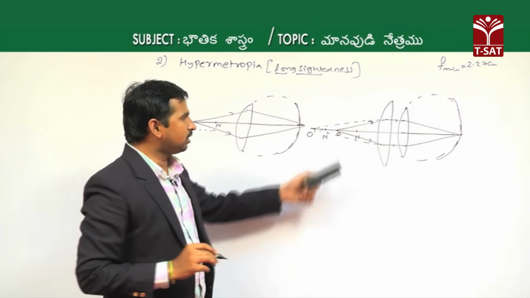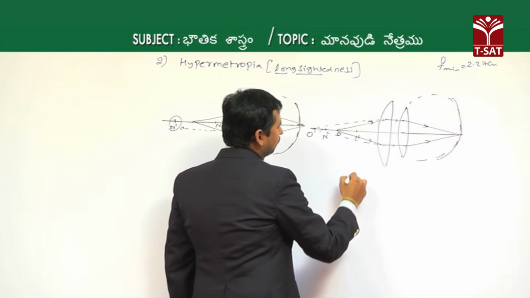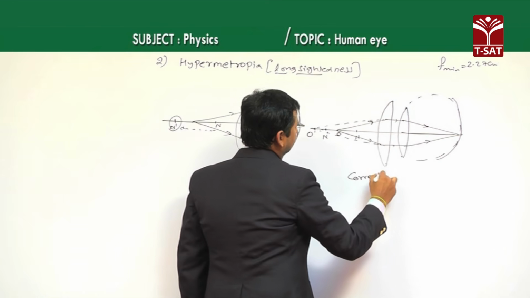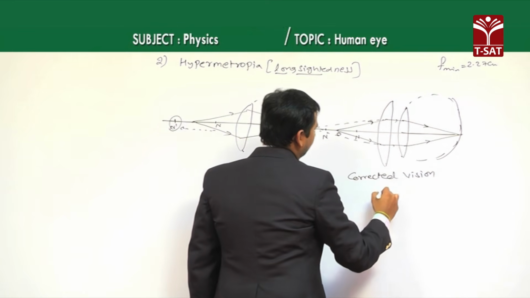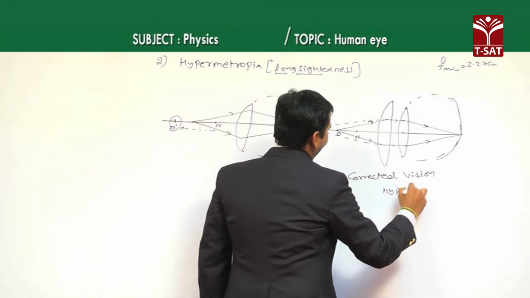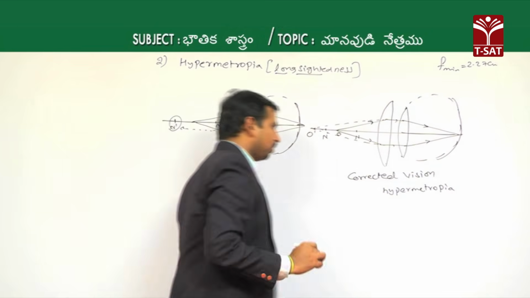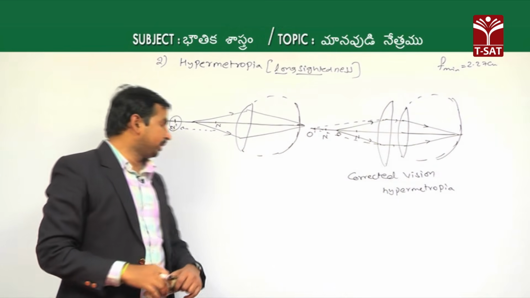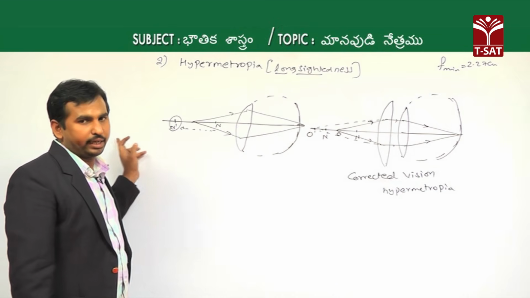So, this is the correction for hypermetropia. This is the corrected vision of hypermetropia. Very simple, only one thing: we can see the object if it is after n dash.